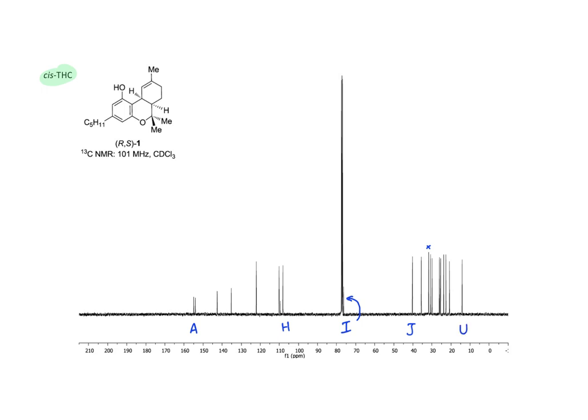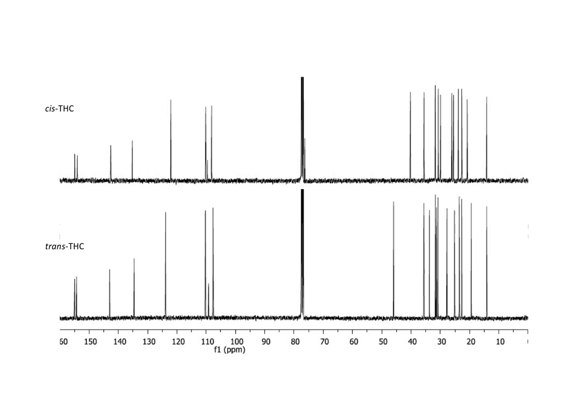It may be easier to see differences if we overlay the 2 spectra. So here we have cis THC on the top and trans THC on the bottom. And while you can see that these are still similar, there are now some differences.